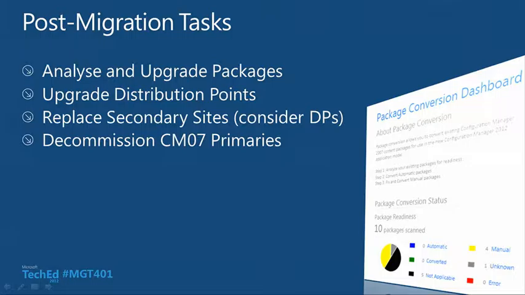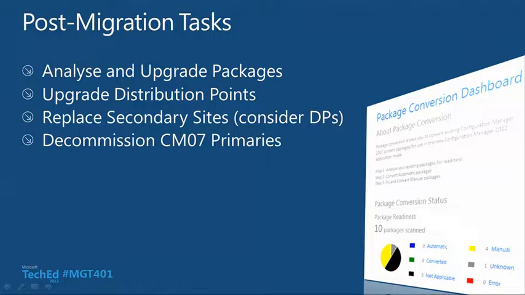That's the only major destructive path. And also, if you've gone through and upgraded a DP on a secondary site server, it has uninstalled the secondary site. Those are the destructive processes. But your primary site servers are generally untouched. So if you really needed to roll back, there is a way to do that.